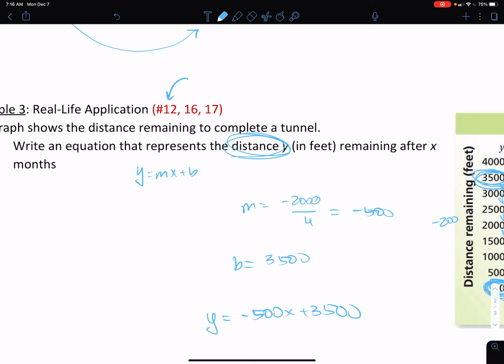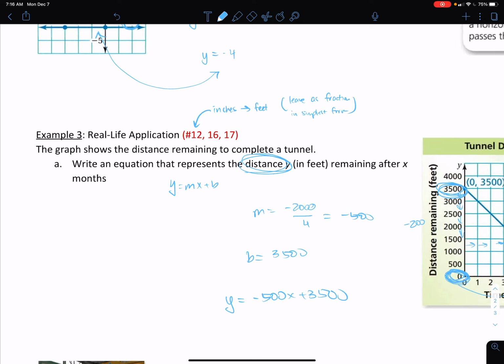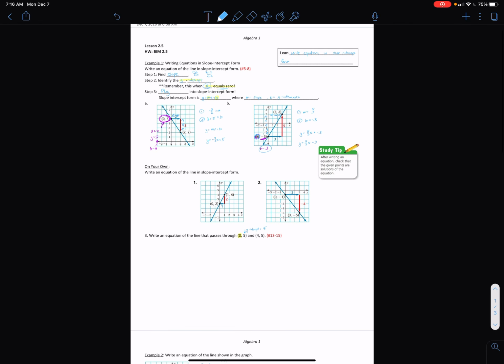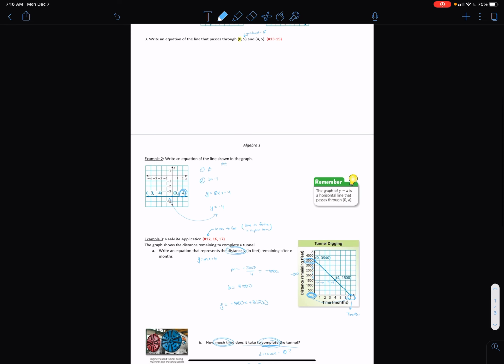This is a little tricky. You have to convert from inches to feet, and you must leave it as a fraction in simplest form. So why don't you complete the Big Ideas Math, and then afterwards, if you still have questions, you could either reach out to me or we'll go over them tomorrow in class.